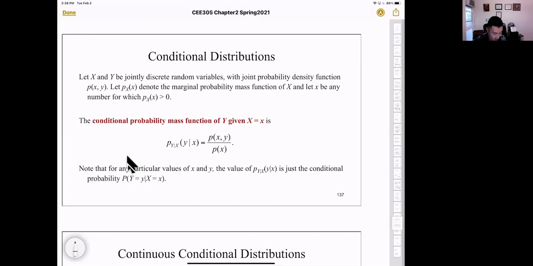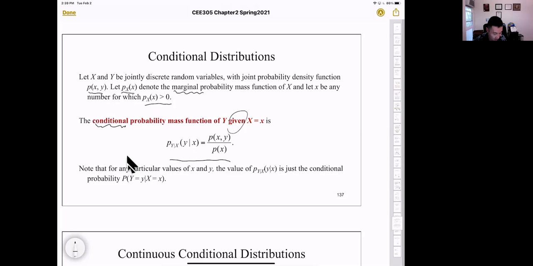If X and Y are jointly discrete random variables with joint probability mass function p(x,y), and p_X(x) is the marginal mass function, and x is any number with p_X(x) larger than 0, then the conditional probability mass function of Y given X equal to x is equal to this.